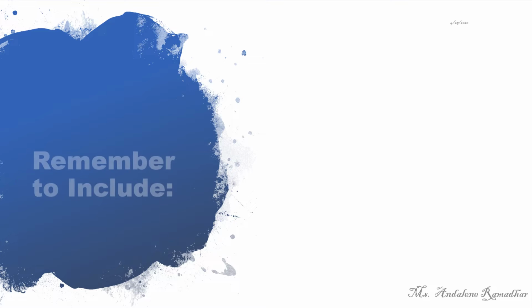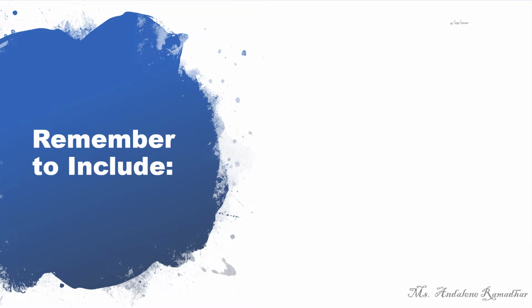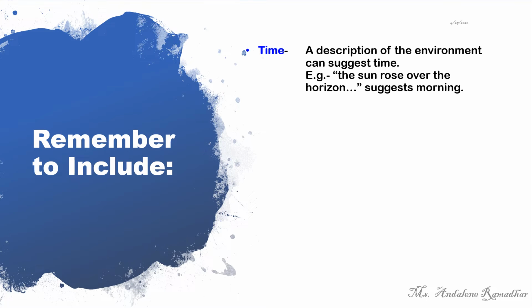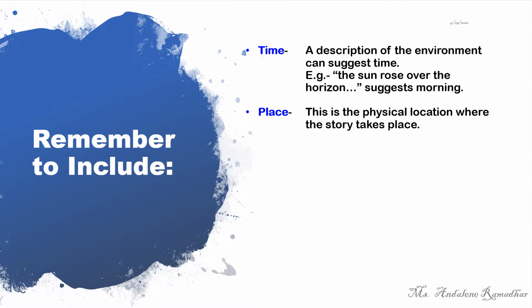Remember, when writing an introduction, you should include elements of setting. That is, 1. Time. A description of the environment can suggest time. Example: the sun rose over the horizon suggests morning. 2. Place.